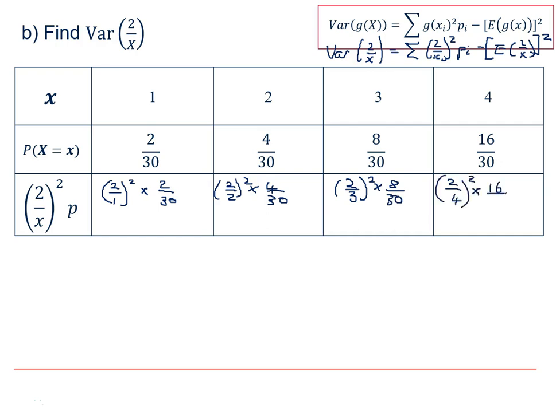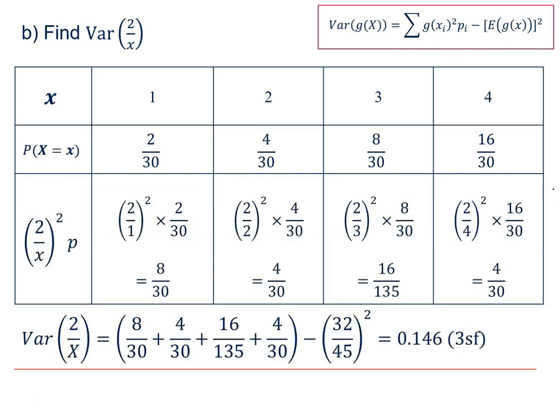So just stick with the basics, don't try and do anything clever here. This is the way you need to approach these sorts of problems. And there you have all the workings done for you.